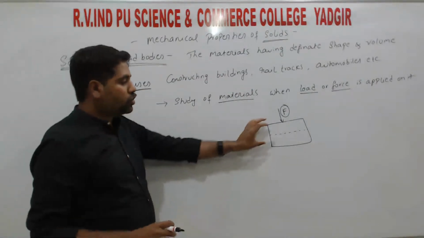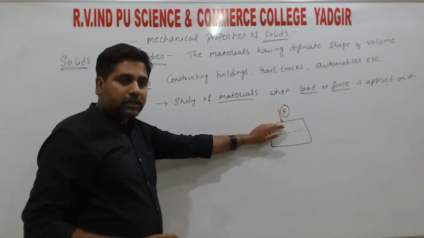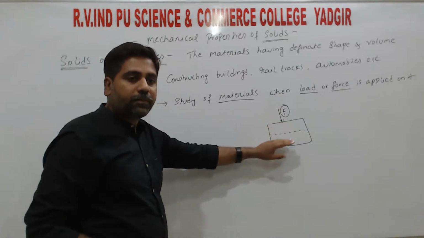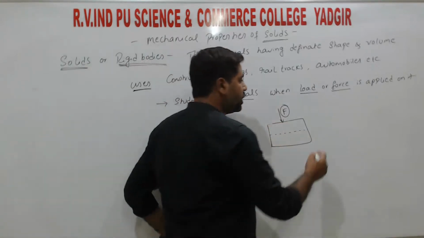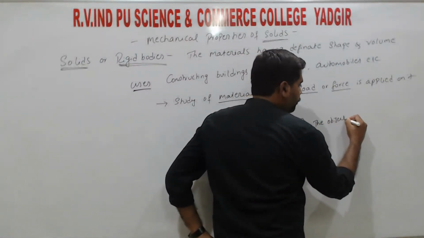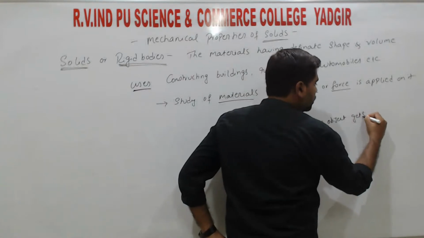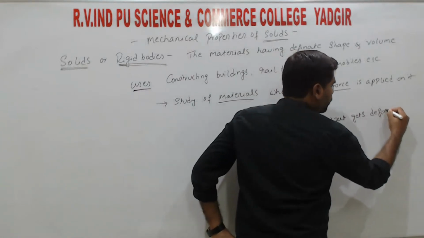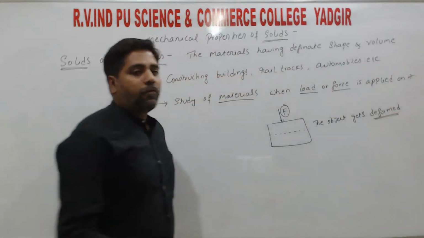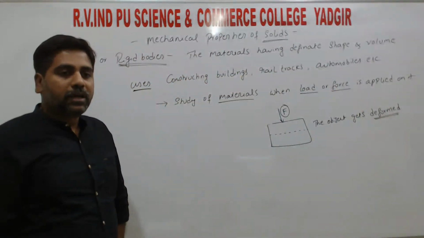So if a force is acting on any solid, its shape changes. So what do we call this change of shape? The material or the object gets deformed, right? So the word we are using in this chapter is deformed.